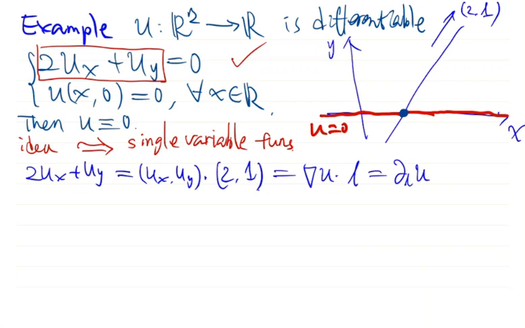But u is 0 at the intersection. If you can prove that u is constant along such a line, then because u is 0 here, u must also be 0 here. This is the idea. Very intuitive.